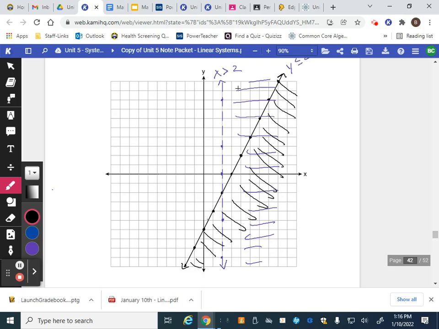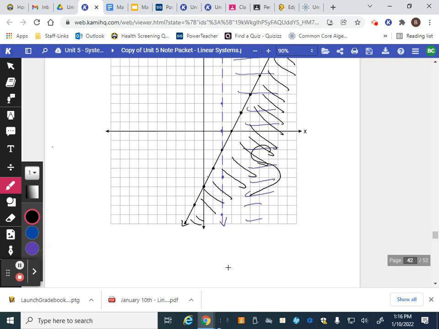It's going to be dotted. We're going to shade towards the right. So our double shaded region is over on the right side over here. And they ask us to write the coordinates of any point in the set. Any point you pick out that's in that double shaded region would work. I'm going to choose (8, 0).